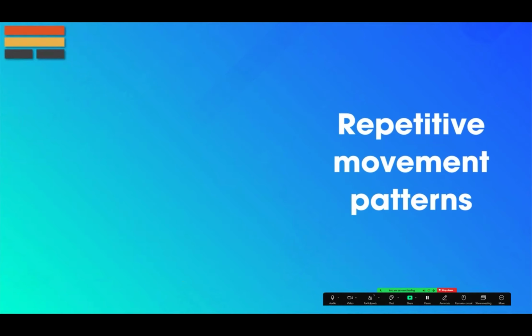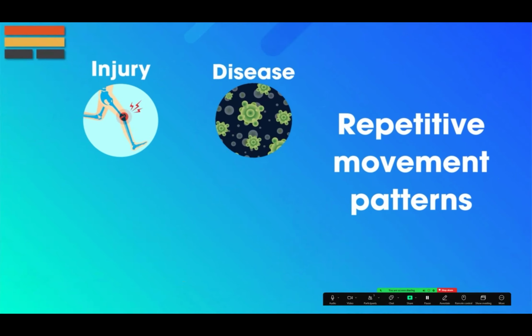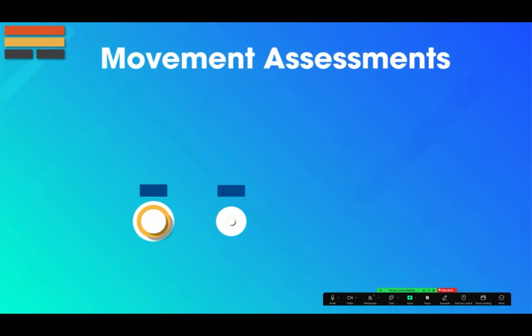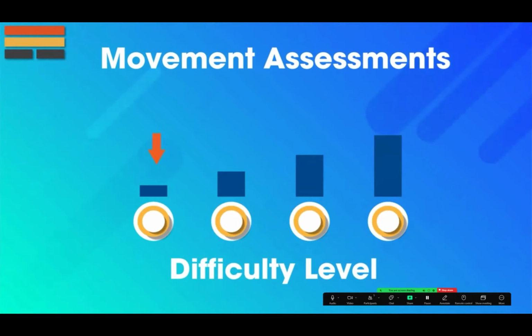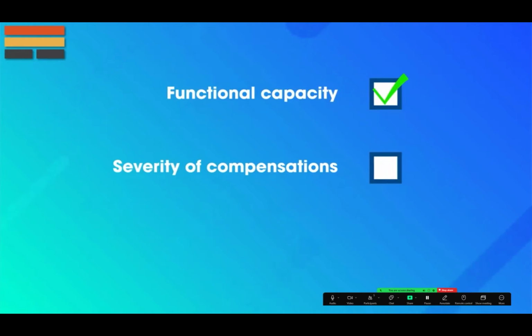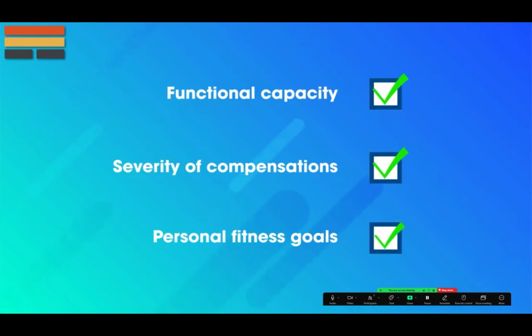Due to repetitive movement patterns, injury, disease, or a sedentary lifestyle, dysfunction can occur in one or more regions of the body. Movement assessments should be completed in a systematic order, starting with the least challenging and progressing in line with your client's abilities. Their functional capacity, severity of compensations, and personal fitness goals will all inform your decisions about which movement assessments to perform.